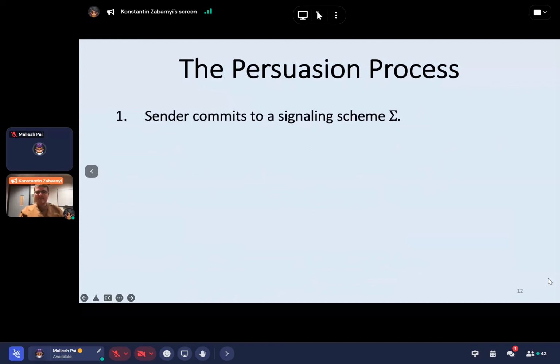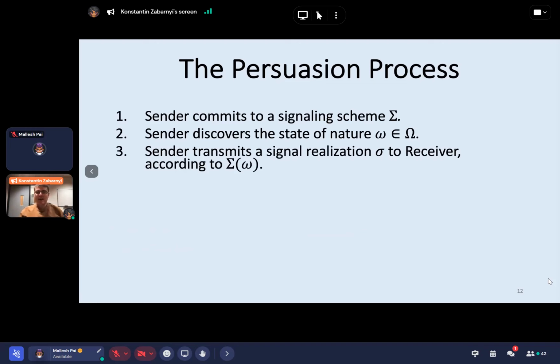First of all, the sender must commit to a signaling scheme sigma, which is a randomized mapping from the states to signal realizations. After committing to the signaling scheme, she observes the value of the true state of nature, omega. Then, according to the signaling scheme and the true state, a signal realization is drawn.